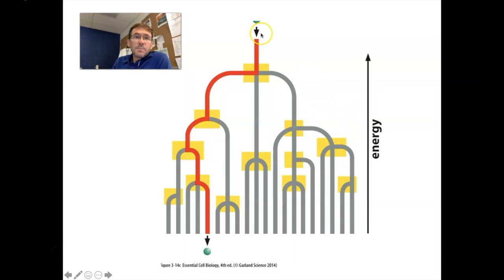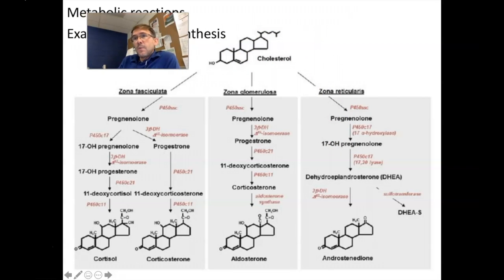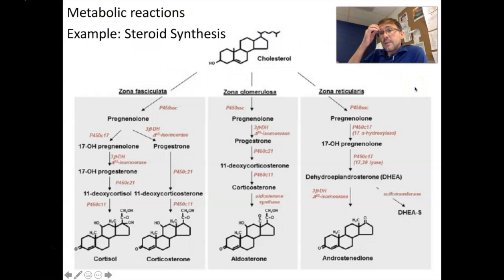But in one particular cell, the presence of a particular cohort of enzymes will drive one predominant biochemical cascade. And we looked at this to start, right? One of the first examples I showed you was with the steroid hormones, and in that case, it was cholesterol. Depending on what enzymes are present, it's going to reduce the energy of activation for particular types of reactions, and also make it likely that an entire cascade will lead ultimately to one desired product, one of these particular types of steroid hormones.